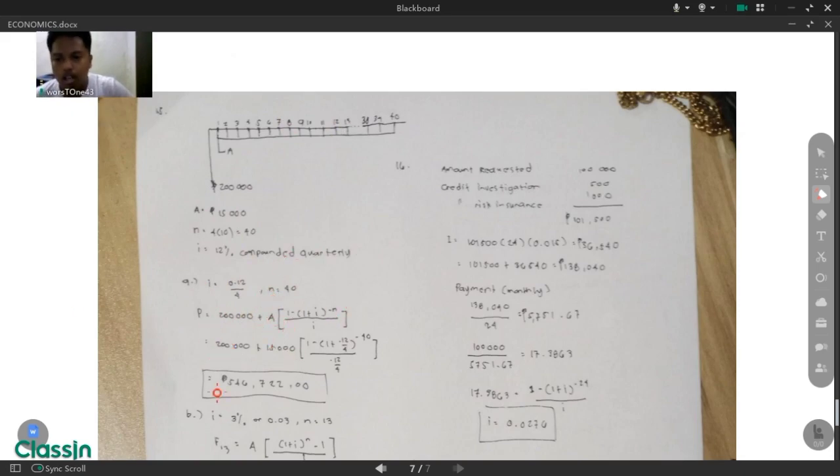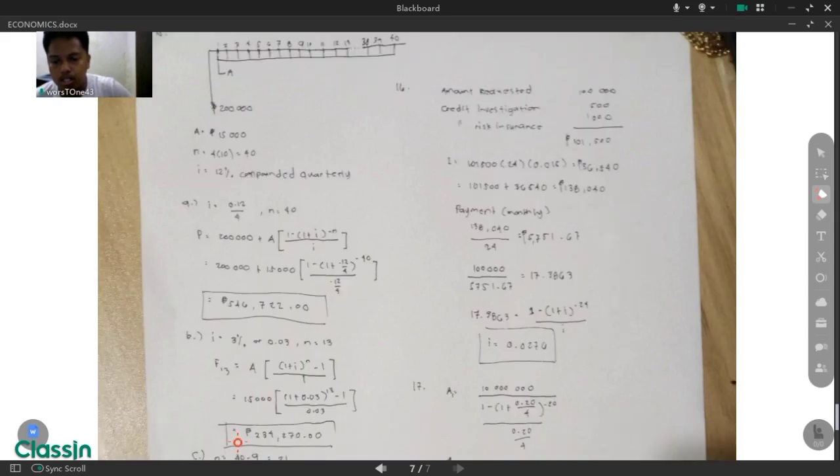Okay, following the formulas of annuities, since we have already this 200,000, the formula for finding P is 200,000 plus 15,000 times (1 - (1 + 0.12/4)^-40) over 0.12/4.